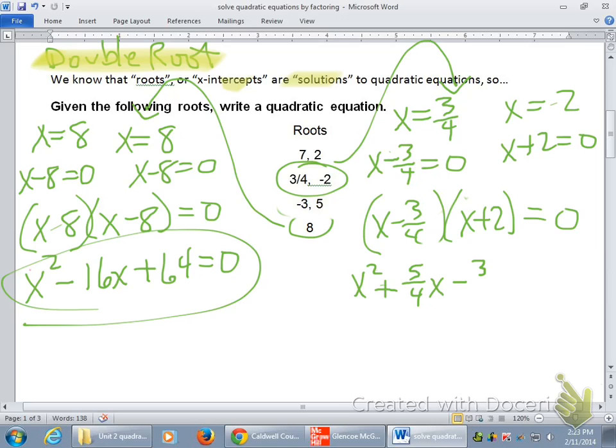No. So that'd be, what's that, plus 1.5? Is that right? 3/2? 6 over, yeah. Minus, sorry, minus.